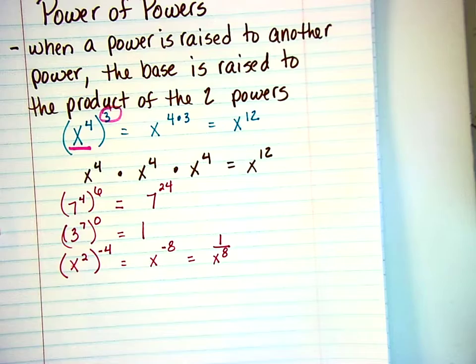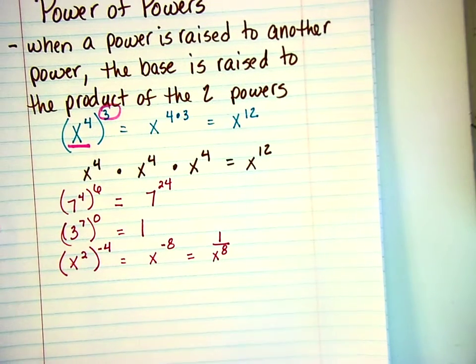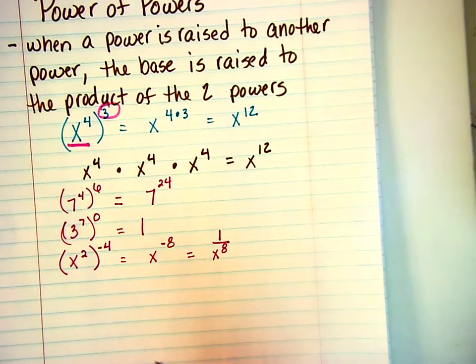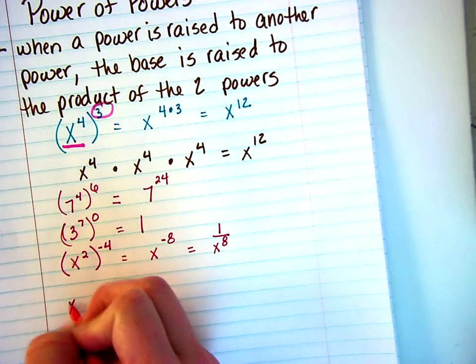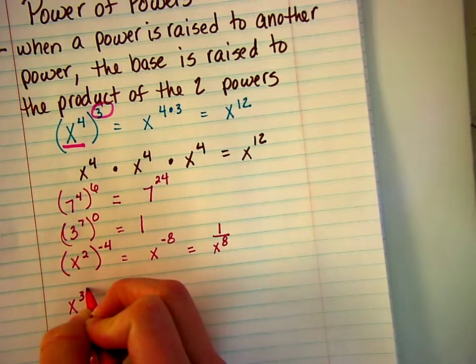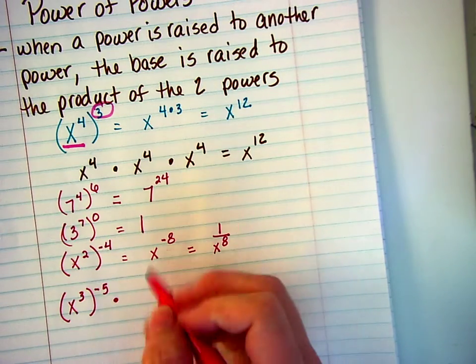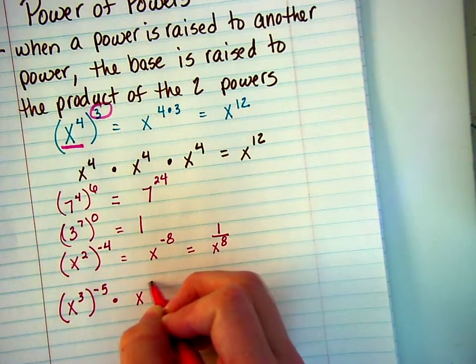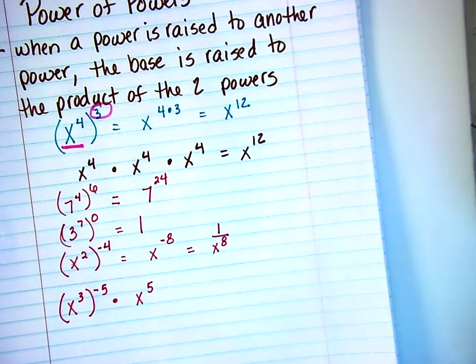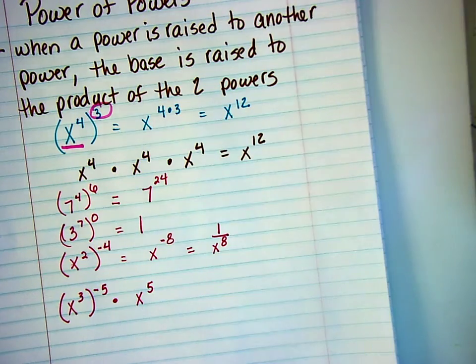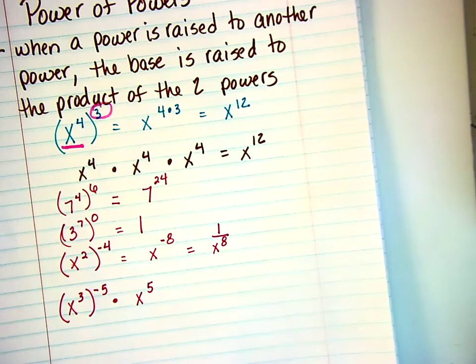Okay. Here we go. X to the power of 3 raised to the power of -5 times x to the power of 5. Try it first. There's a few routes you can take on this one.